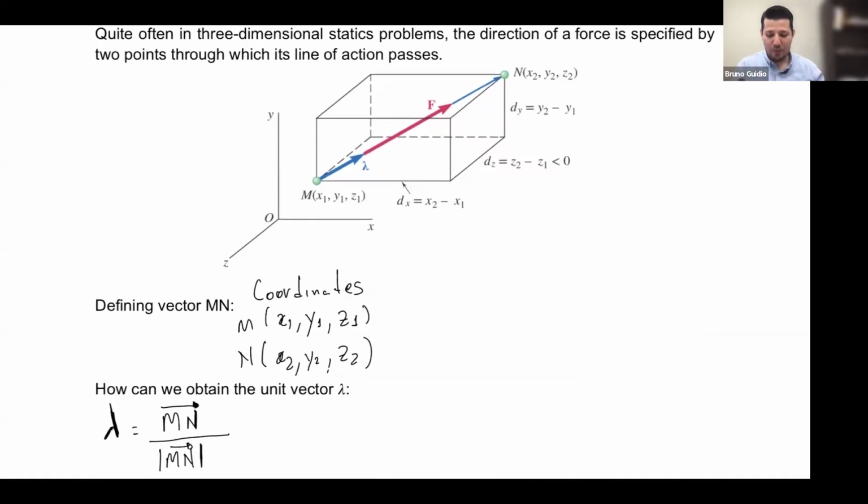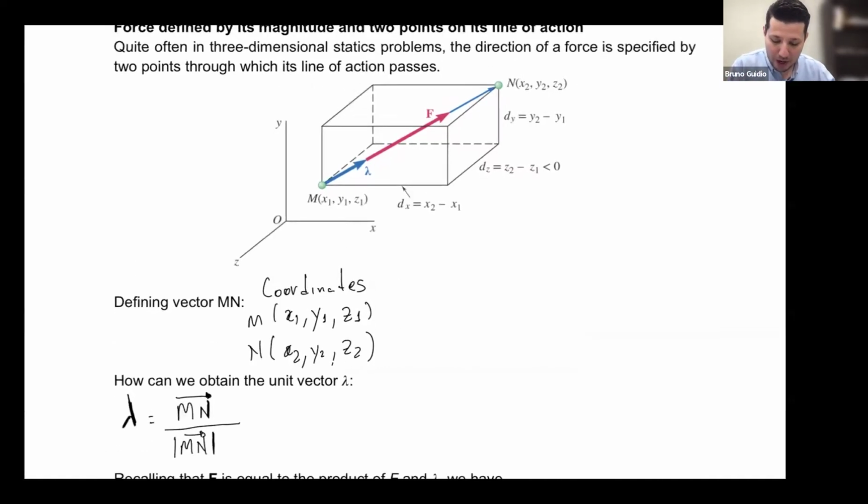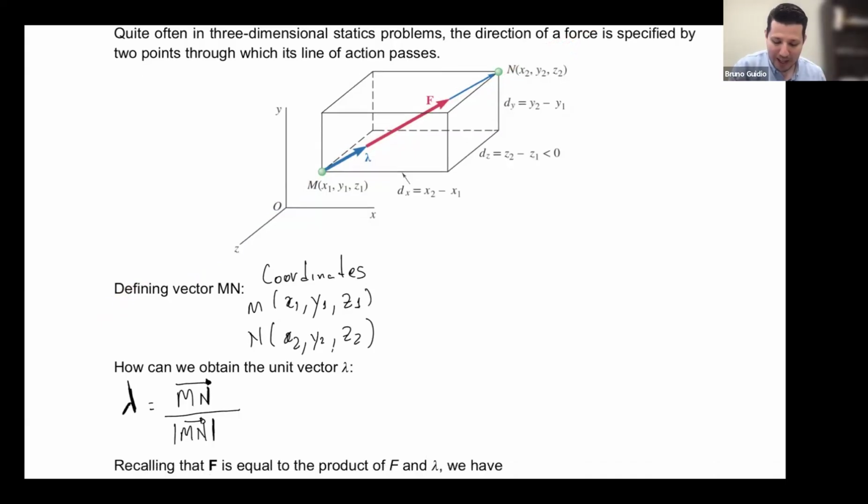Once again, guys, I know 2 points on this line of action. So let's find, using those 2 points, their direction. How can I find it? Well, I'm going to get this vector MN, meaning starting from M, going to N.